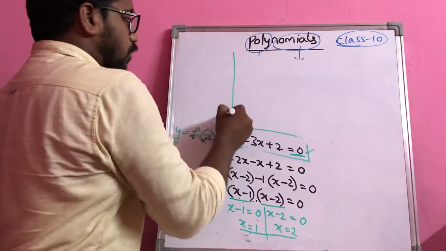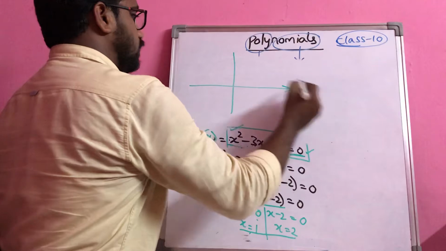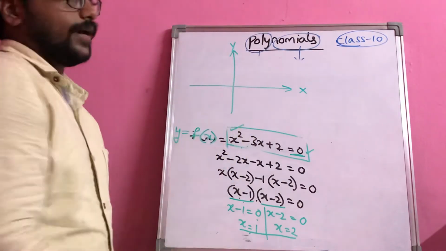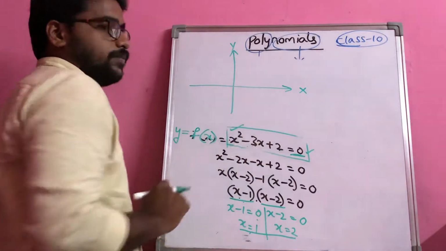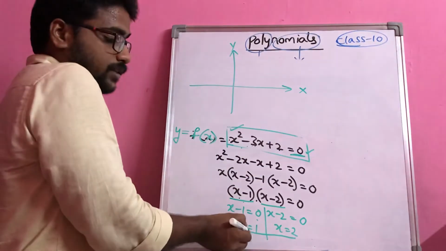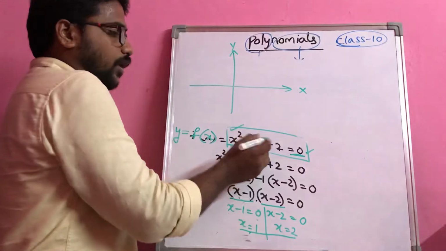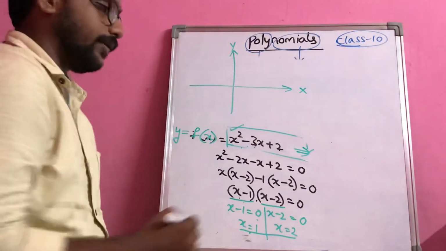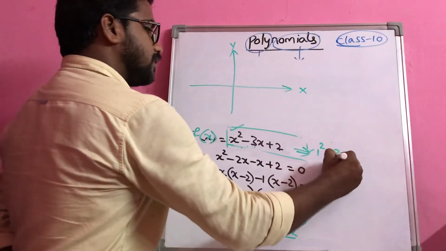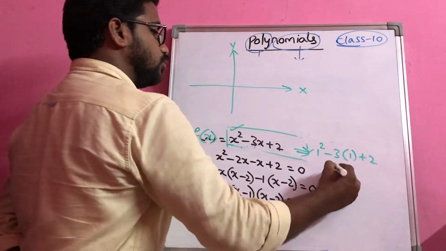Think from the coordinate geometry point of view, this is the x-axis and this is the y-axis. So y they had given as x square minus 3x plus 2. If you substitute x is equal to 1 here, let us check what you are getting. 1 square minus 3 into 1 plus 2, that is 0.